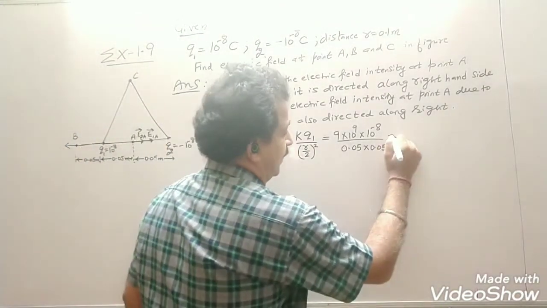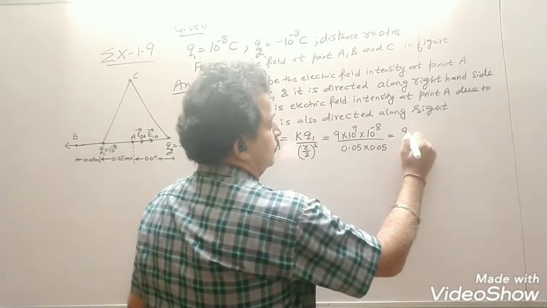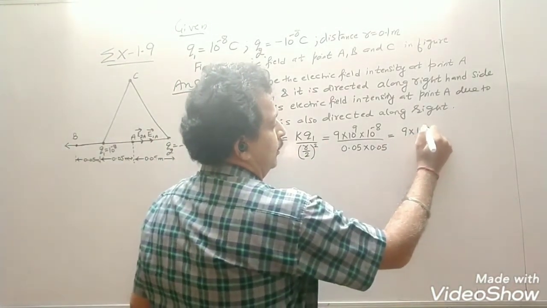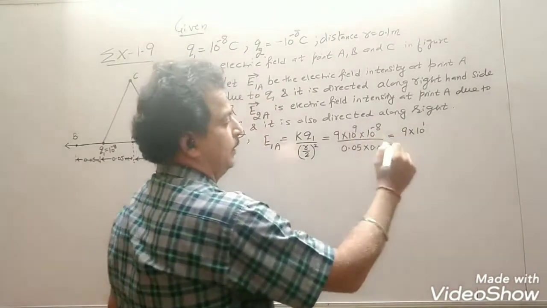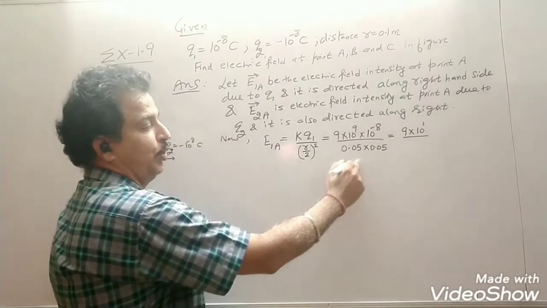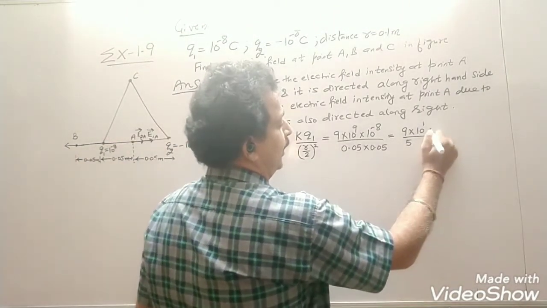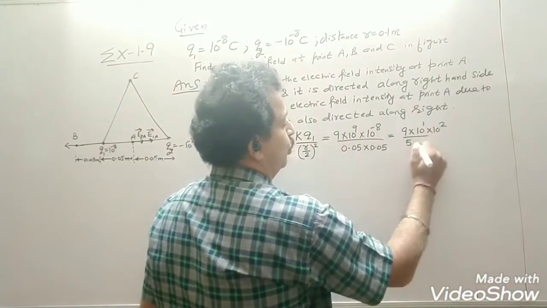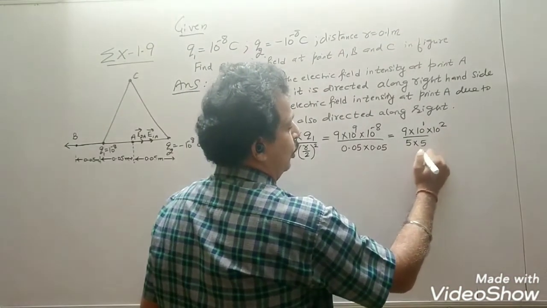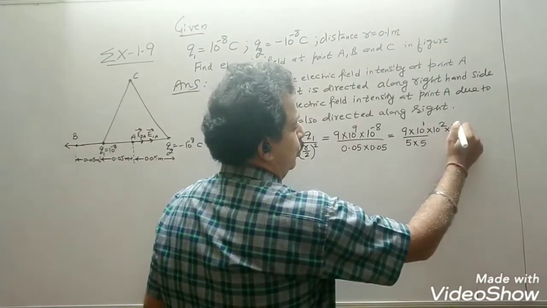Now this can be written as 9 into 10 raised to 1, divided by 5 upon 100 whole square, that is 10 raised to 2 into 5 upon 100, that is 10 raised to 2.